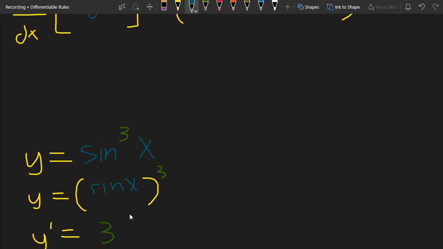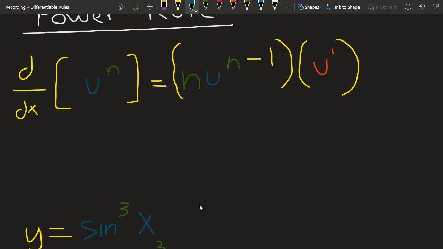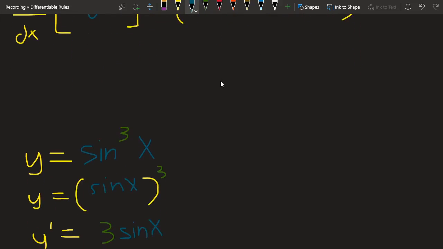Then to the power of n minus 1, and since n is 3, that's 3 minus 1.